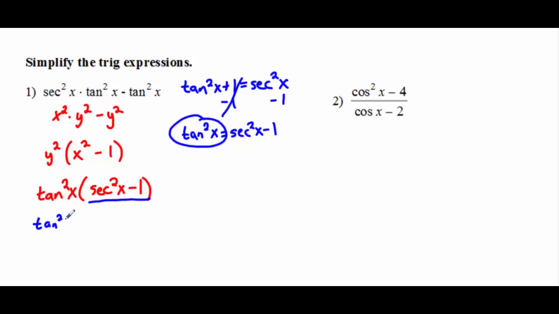So this would be tangent squared x times tangent squared x, which together gives me tangent to the fourth x. And that's my answer.